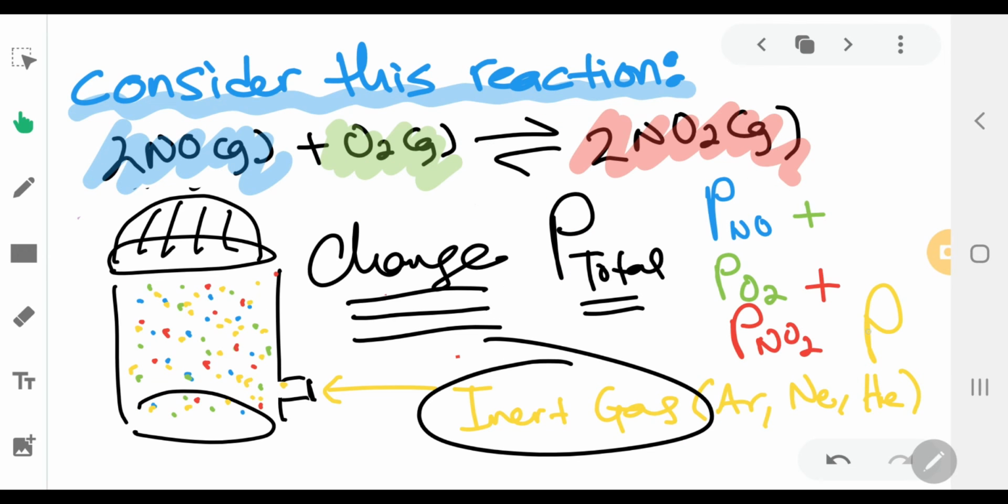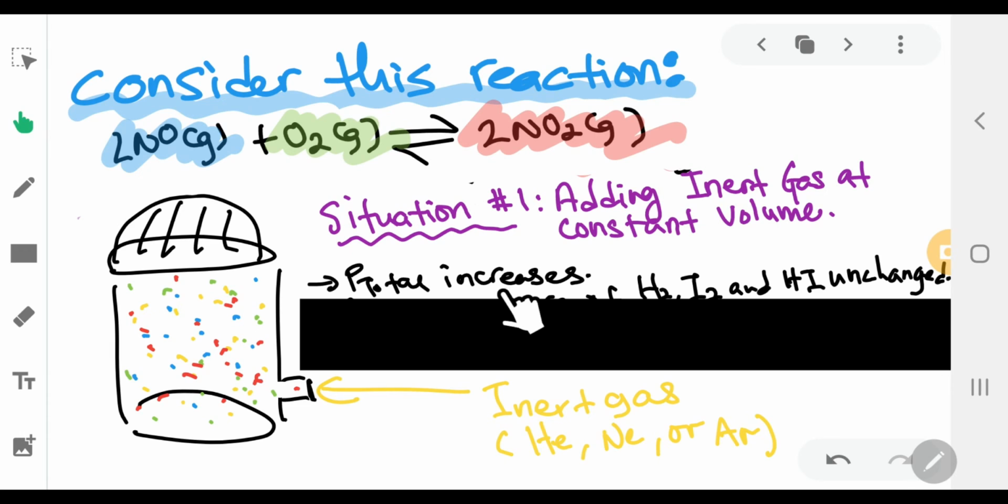Again, I repeat, because the P total now, when you add inert gas, is the partial pressure of all of the reacting gases together with the partial pressure of the inert gas. So as the partial pressure of inert gas increases, even though these are not changing, your P total will increase. So this is what the statement is trying to convey over here. P total increases because you want to keep the volume of the vessel constant.